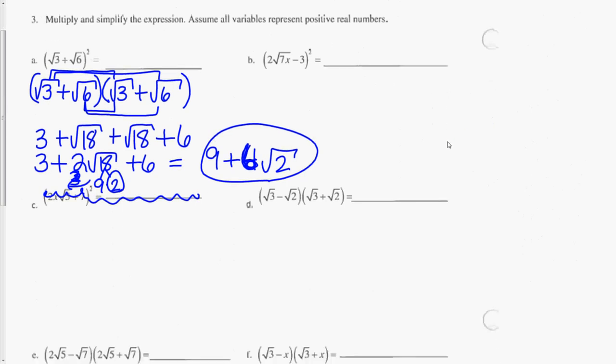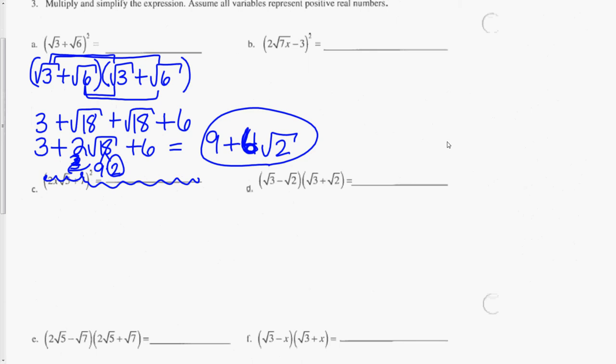All right, let's do this last one. This one is a conjugate. And it's a conjugate. Why? Because they're exactly the same, but one has a minus and one has a plus. So on a conjugate, I just need to do the F and the L. Don't have to worry about outer and inner.